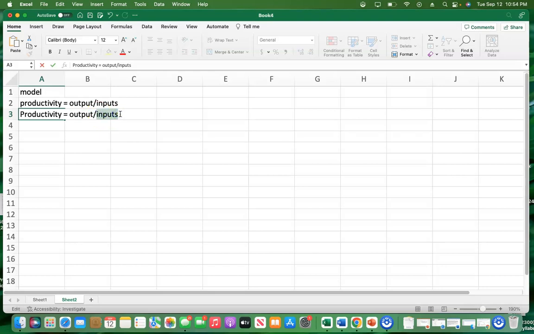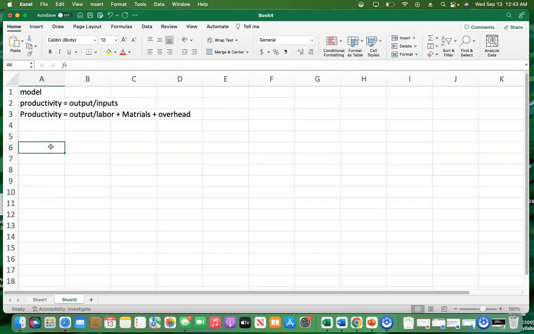In this question, we have labor, and also we have materials, and then we have overhead. Then we need to identify output, and also we can skip a few lines and identify inputs.